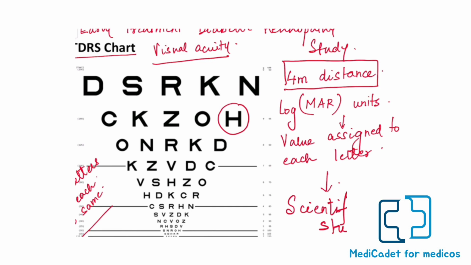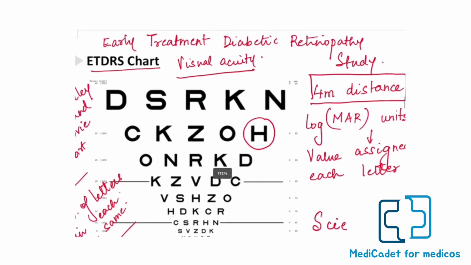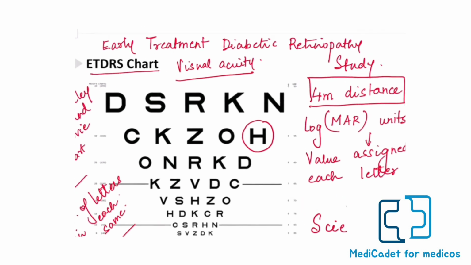It is easy with this chart, because every letter counts: if there is an improvement by even 1 or 2 letters, it can be quantified here. And secondly, because visual acuity is expressed in log units, it is easier in calculations. Okay, so this is the second visual acuity chart, that is the ETDRS chart.